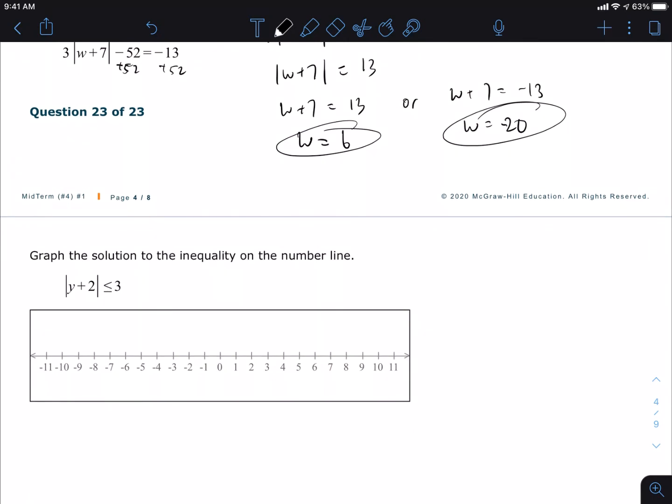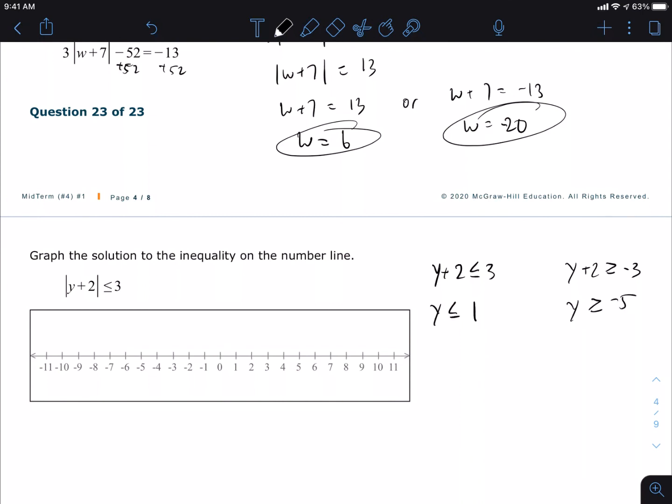Okay. This next example, so to get rid of the absolute value, I'm going to write it the exact same way. And then I'm going to write it by flipping and changing the sign. So now solving for it, I'm going to get y is less than or equal to 1. And over here, y is greater than or equal to a negative 5.